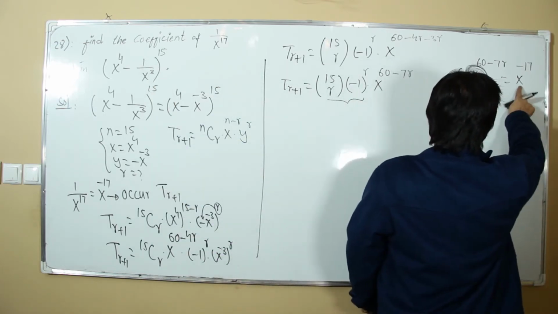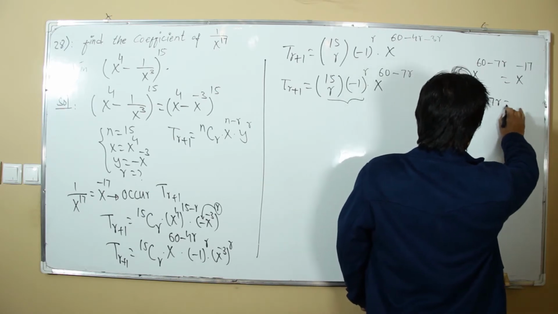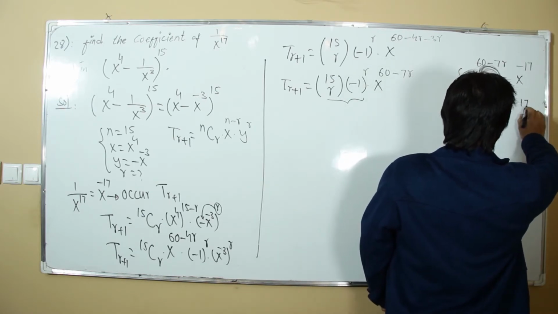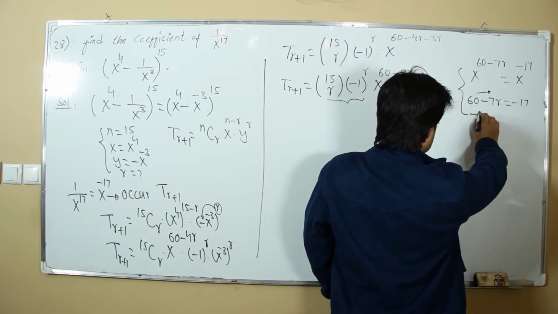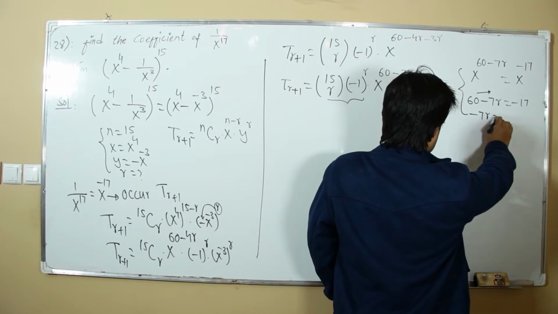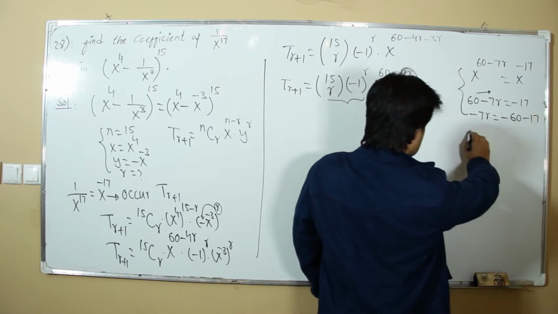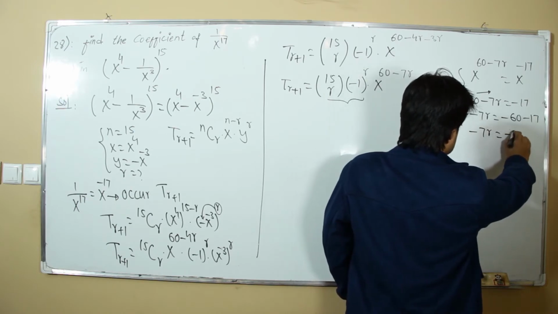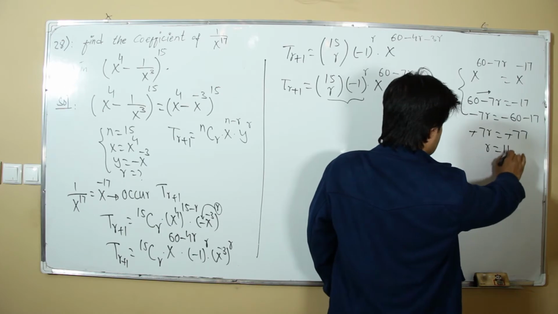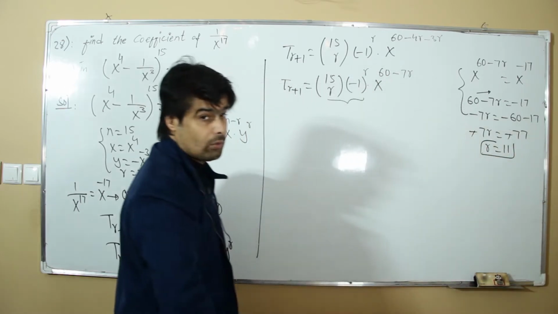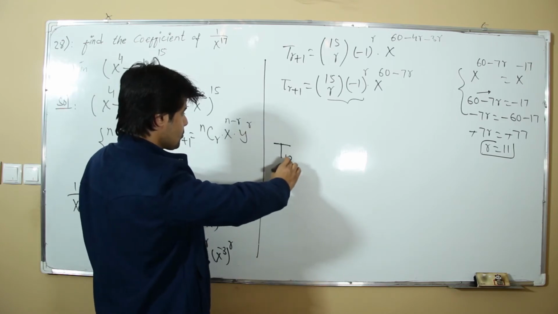The bases are the same, so the powers must be the same. 60 minus 7r equals minus 17. Put 60 to the right side: minus 7r equals minus 17 minus 60, which is minus 77, and divide both sides by minus 7, you will have r equals 11. So put r equals 11 in t r plus 1: 11 plus 1 is 12.